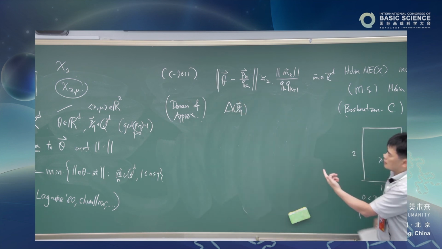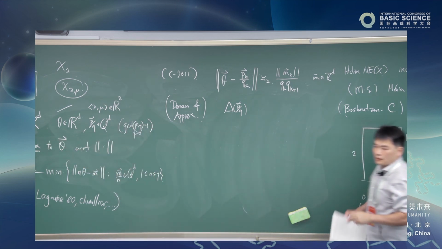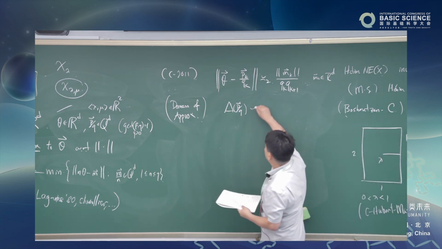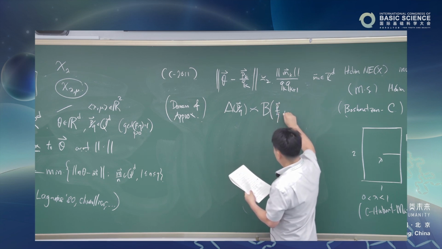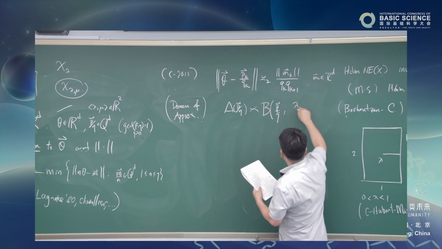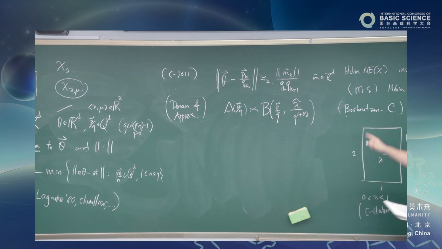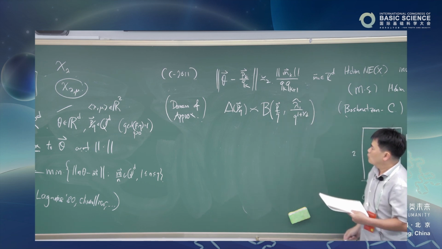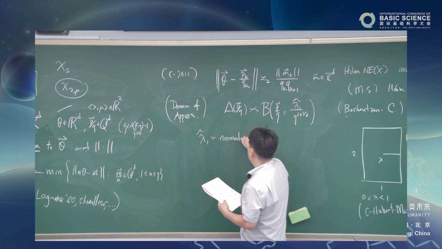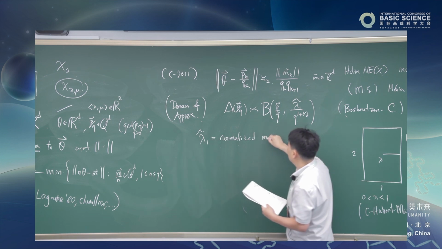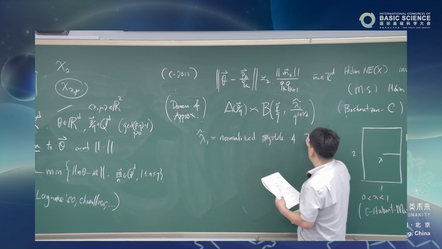So you take all the theta which satisfy this condition for a given P over Q. And this essentially is a ball centered around P over Q with some radius which is like Q to the 1 plus 1 over D, but weighted by some lambda 1 hat. And lambda 1 hat is the normalized minimum, first minimum or systole, many different names, of the lattice.